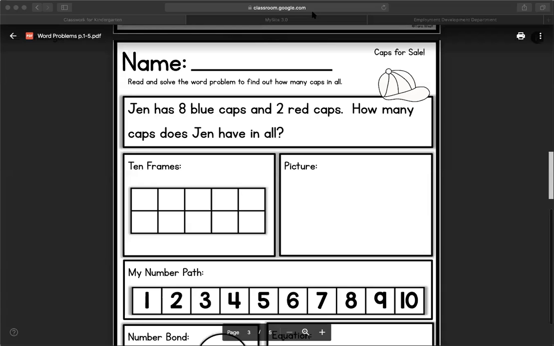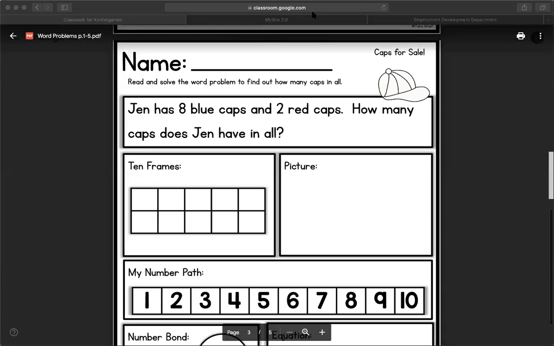How do you use the 10 frame? So with the 10 frames, you know that the top has 5 squares, and then the bottom shows 5 squares as well. This one's asking you, Jen has 8 blue caps, so you're going to shade in or make a pattern, whatever helps you, showing that there's 8 caps.